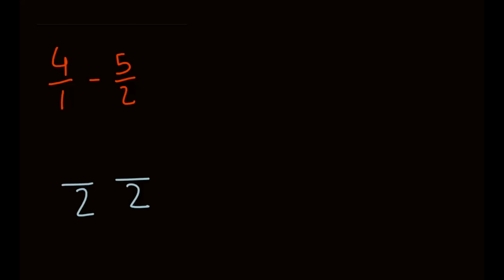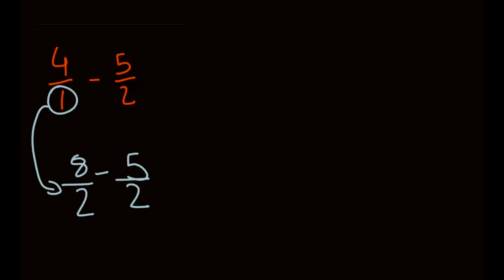The numerator for this one will stay the same, because we're not changing the denominator here. Now, how did we get from 1 to 2? We did 1 times 2. So we'll do the same thing with 4. 4 times 2 is 8. So that's our numerator there. So we got 8 over 2 minus 5 over 2.